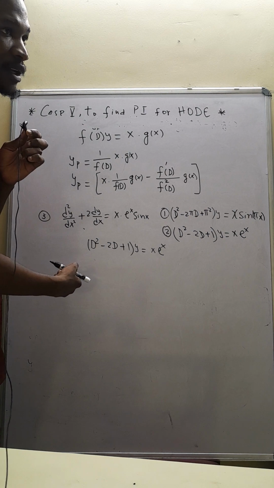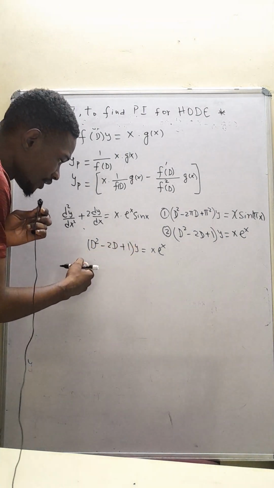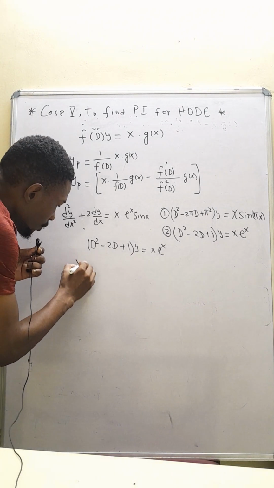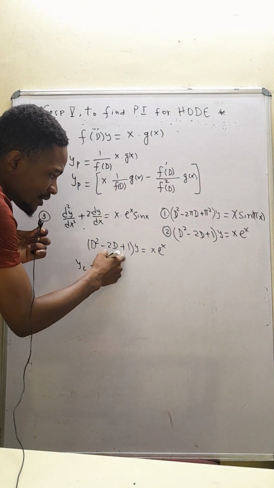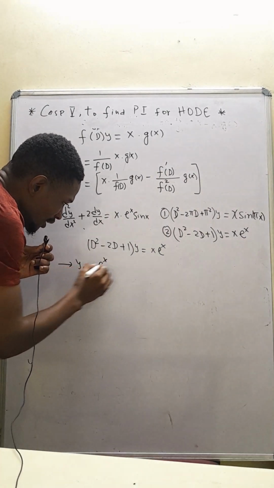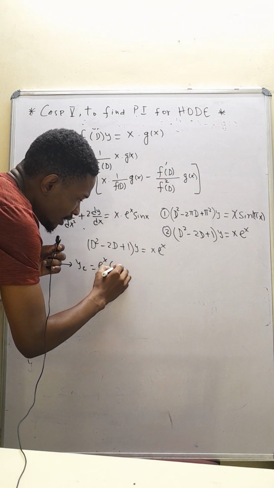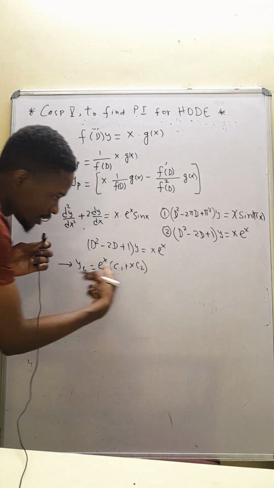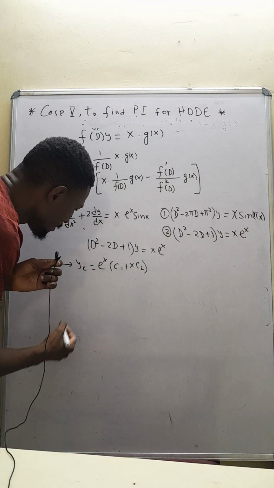How to solve? Just come here and find your yc. Your yc directly you can see will be Euler raised to x, times c1 plus x c2, or c2 x, it's fine.